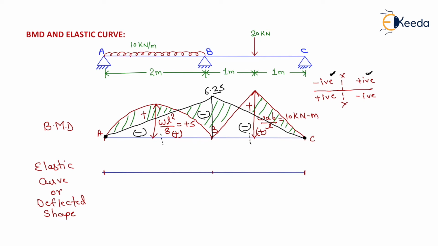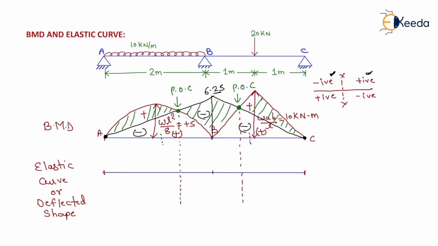So in the bending moment diagram, there will be 2 points of contraflexure, that is the point where the bending moment curve changes its sign or its nature. Now we need to plot the deflected shape of this beam. For the plotting of the deflected shape, we need to transfer these points of contraflexure like this.